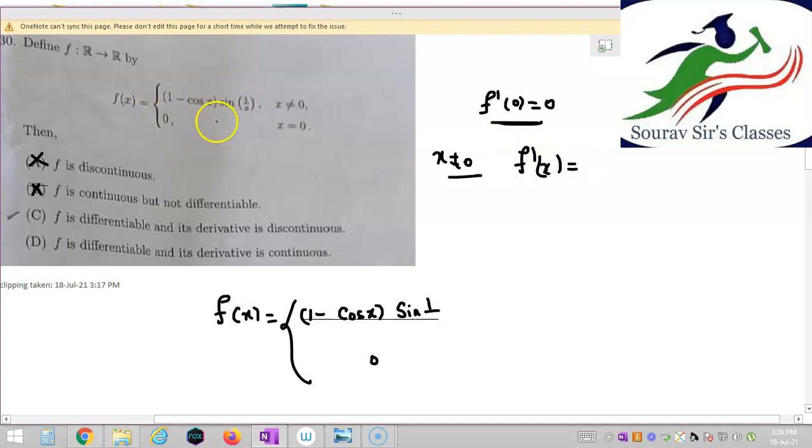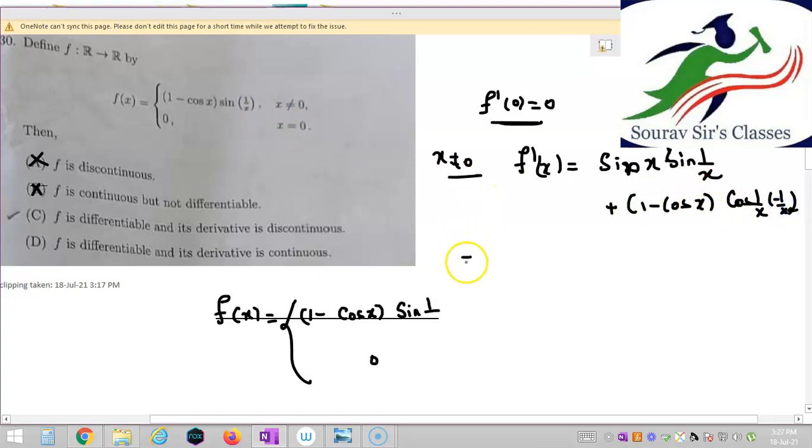The derivative of cos x is minus sin x, so minus of minus, that is sin x into sin(1/x), plus (1 minus cos x) into the derivative of sin(1/x), which is cos(1/x) into the derivative of 1/x, that would be minus 1 by x squared.